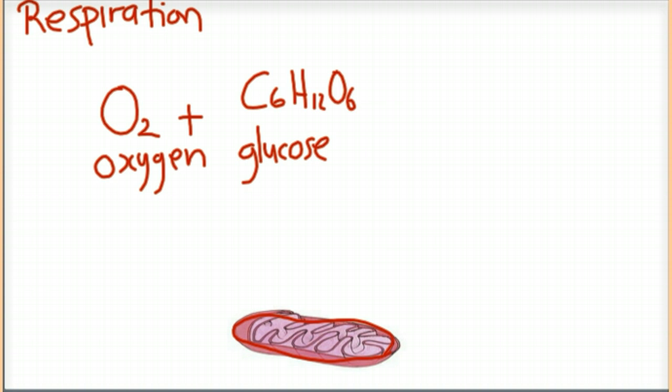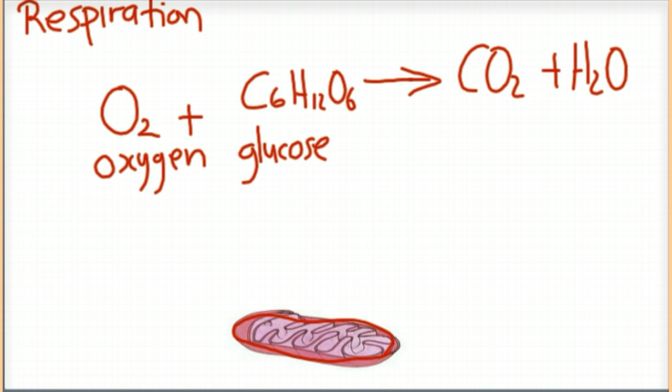So far we have oxygen combining with glucose, and that gives us something. To show what it gives out, we use a forward arrow. It gives carbon dioxide, CO2, plus H2O, which is water. So this is carbon dioxide and water.